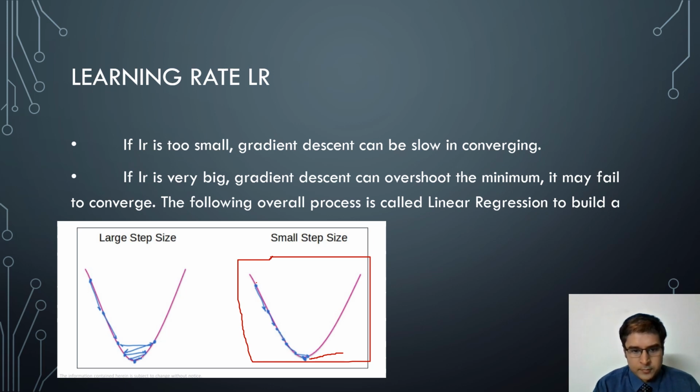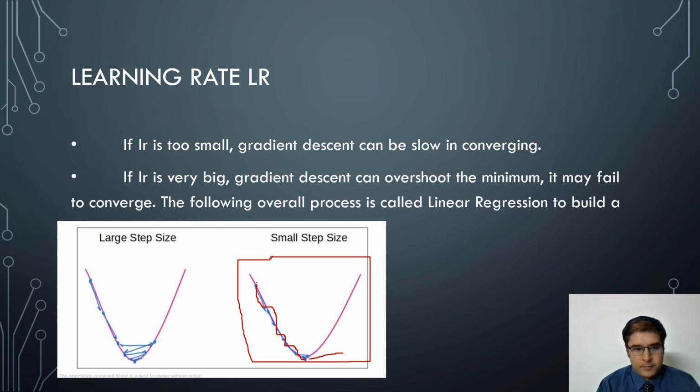So if you have a small step size, this will come from here to here, the error then will come from here to here, and so on. It will move very slowly up to here. So it will take a lot of time in converging to the minima.